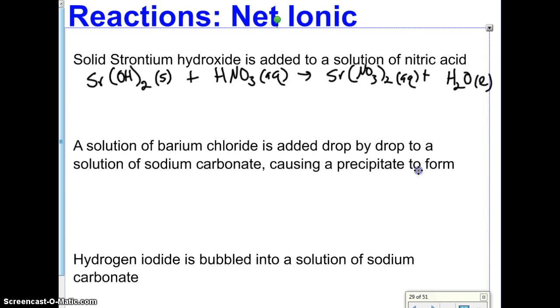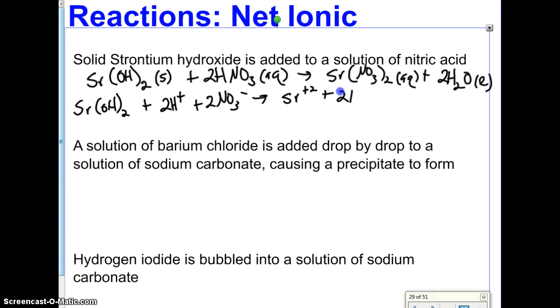So when we go through, let's see if we can remember to balance it this time. It is not balanced. We need a 2 here and a 2 there. So we break up everything that's aqueous. Well, Sr(OH)2 here is not aqueous, so it's going to stay just the way it is. Then we're going to have 2 hydrogen ions plus 2 nitrate ions, forming Sr 2+, plus again 2 NO3s.